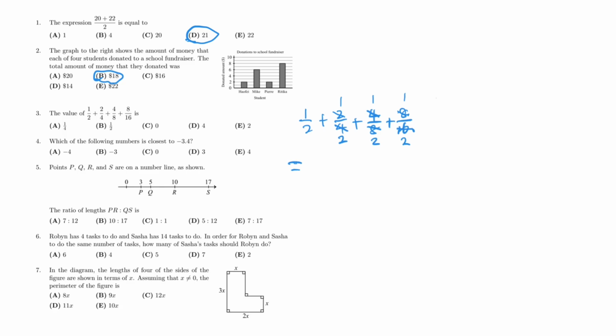Now repeated adding is multiplying. So 4 of 1 over 2 added together is 4 times 1 over 2. Therefore, the answer is 2. That's E.